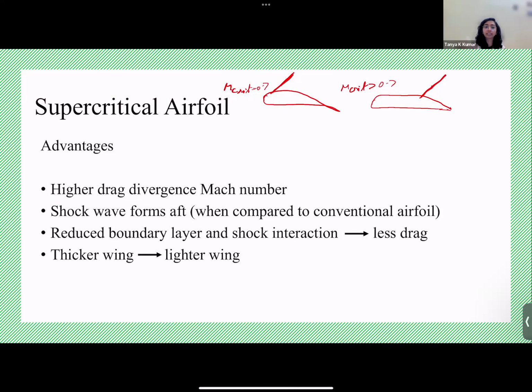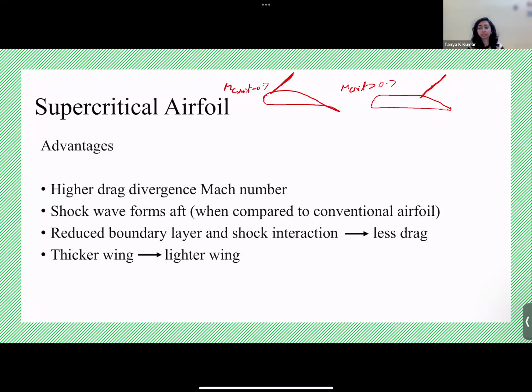There is a huge rise in the drag after this point. We want to delay this as far as possible because we want to fly over a larger Mach range. If you delay the drag divergence Mach number, the drag increases exponentially only later. So a supercritical airfoil increases the drag divergence Mach number.